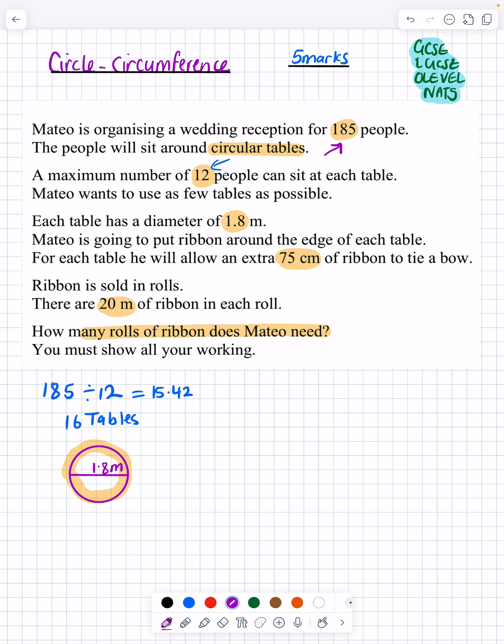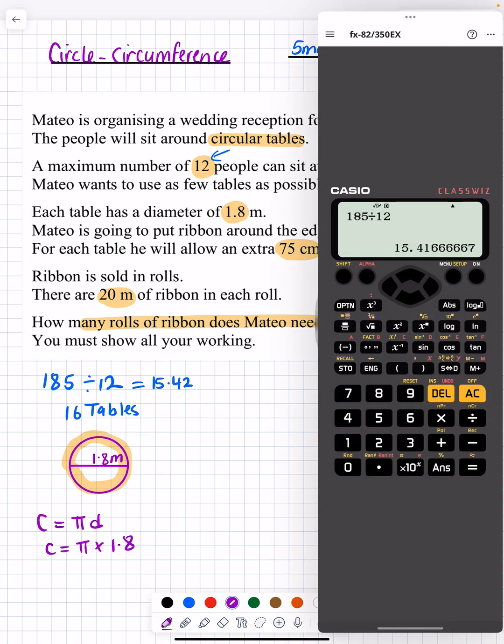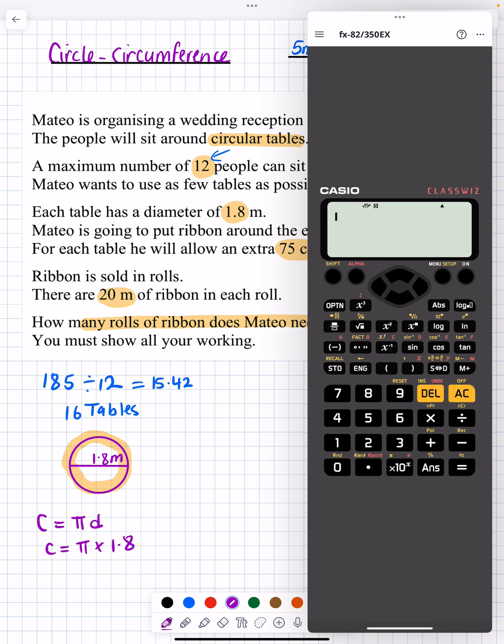The formula is pi times the diameter, so pi times 1.8 gives us 5.65 meters to two decimal places all the way around this table.